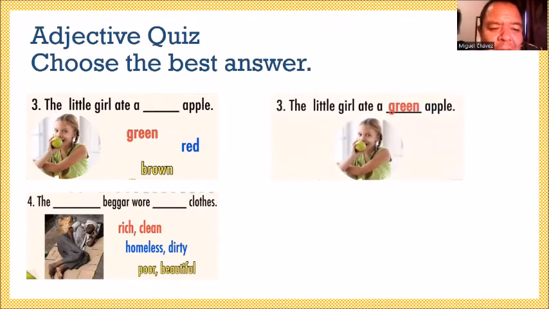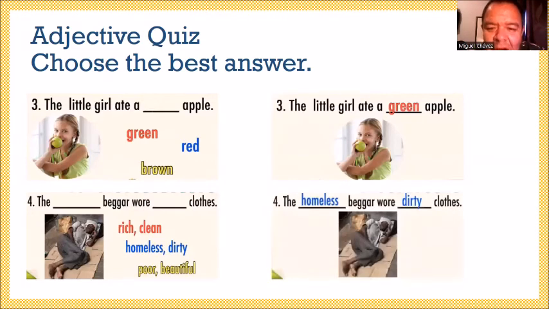Okay, number 4, please. Yes, the poor figure wore beautiful clothes. No? Take into account the picture. Look at the picture, please. The homeless figure wore dirty clothes. Yes, better. Thank you so much. The homeless and dirty clothes.